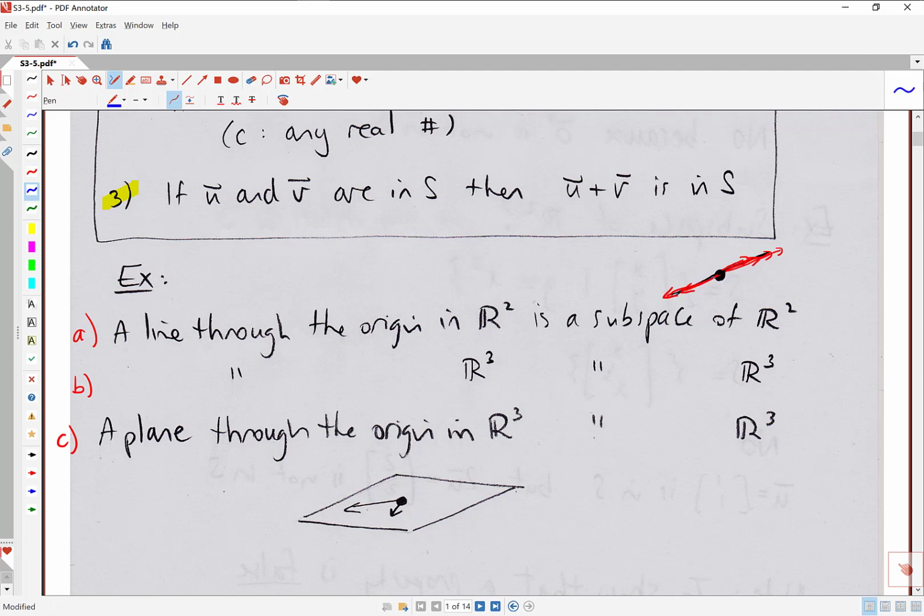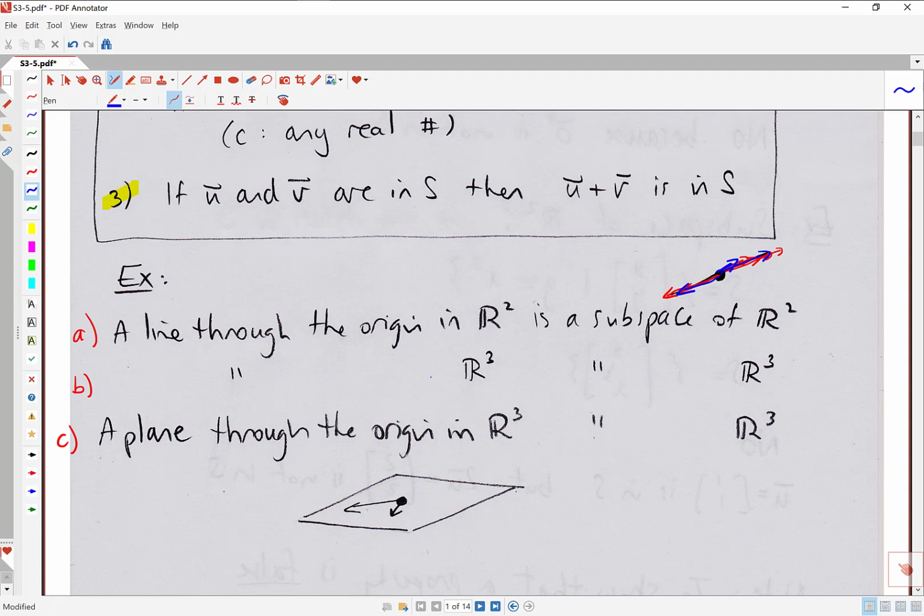And if you grab any two vectors along this line, let's indicate two blue vectors here, and sum them together, you'll end up with something that is also lying along that same line. In other words, if you take any two vectors u and v in this set and add them together, you're getting another vector that's still in this set. So any line through the origin in R2 is a subspace of R2.